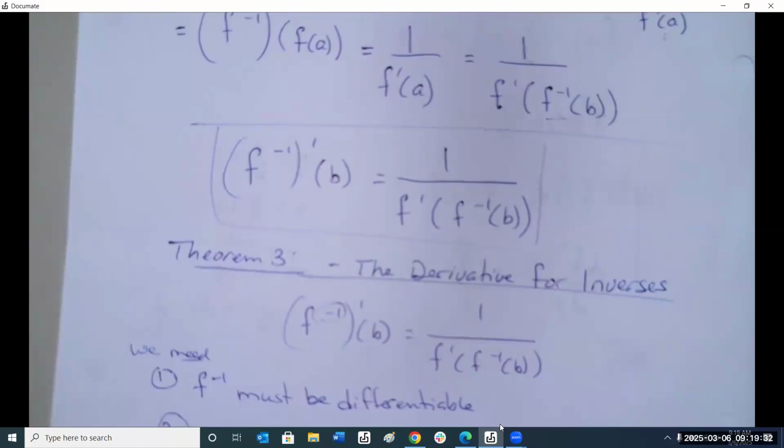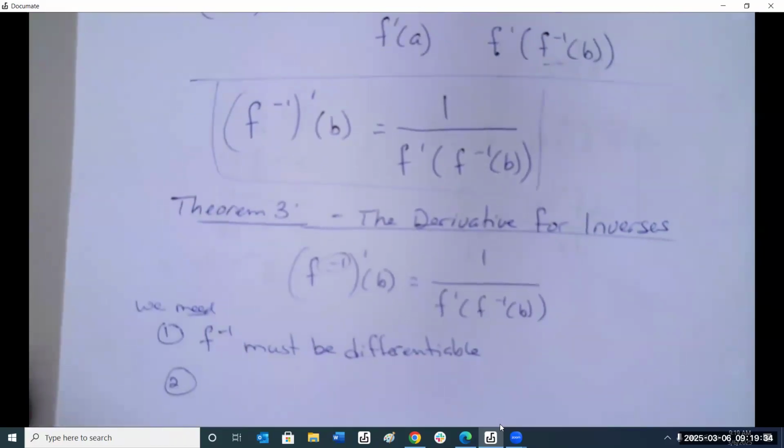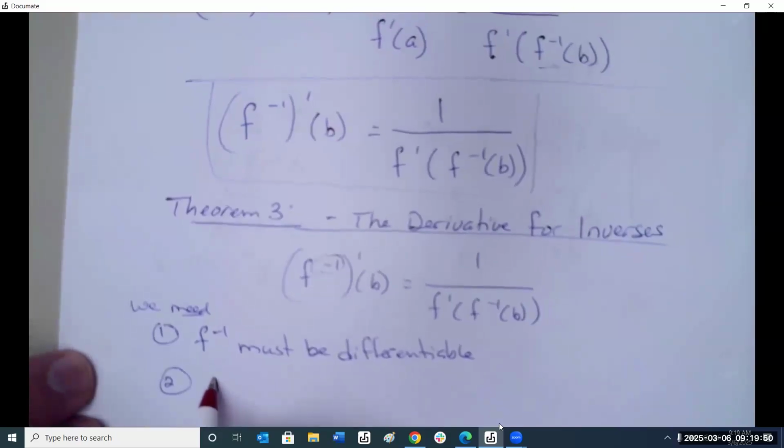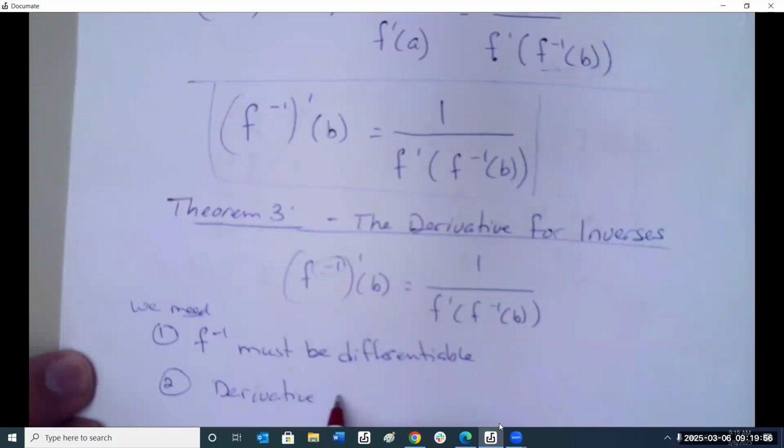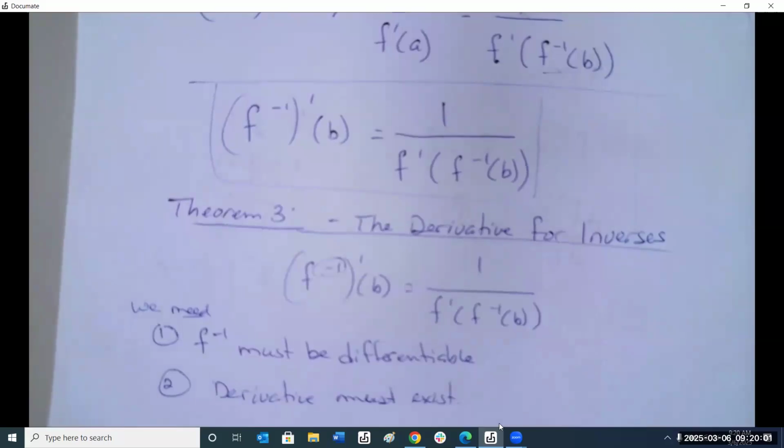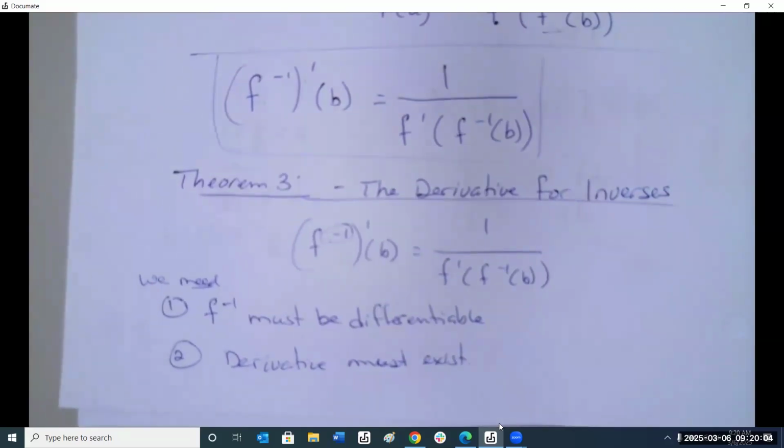What does differentiable mean again? Very good. It has to be continuous, limited both sides, so the derivative has to exist at every point in that domain. And the derivative must exist. And last time we talked about if a function is differentiable, it's continuous, then we go backwards. If it's continuous, then it's also differentiable.